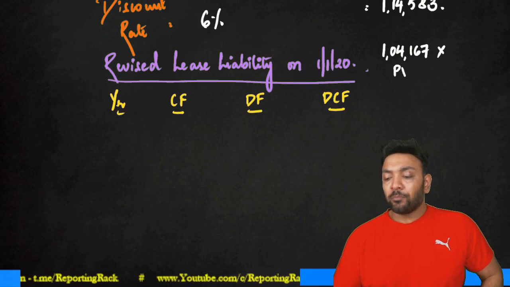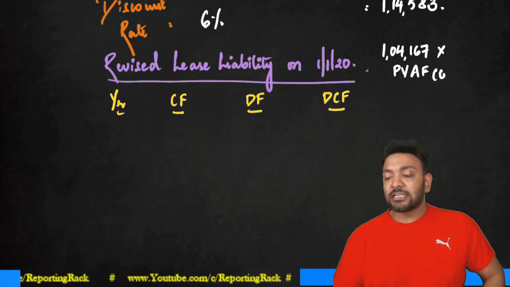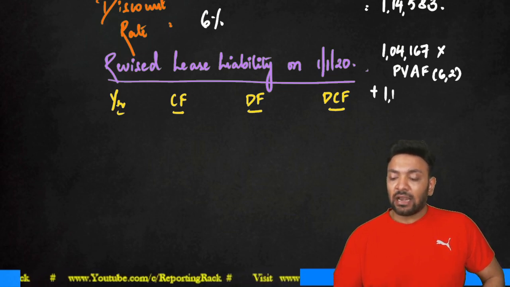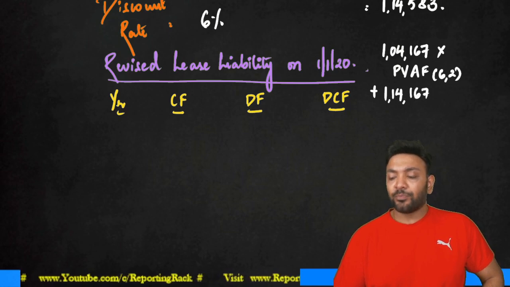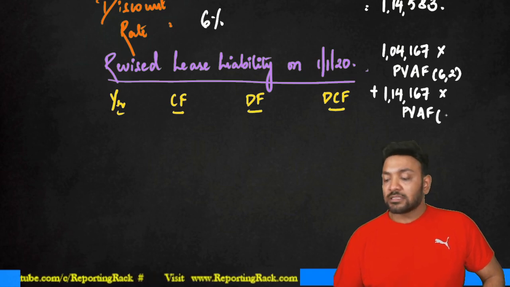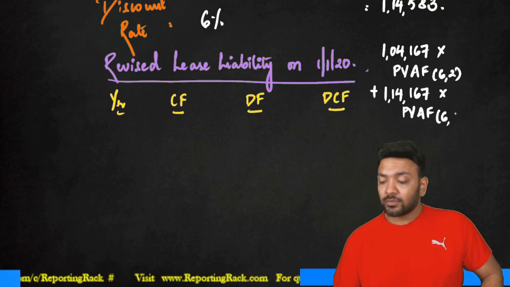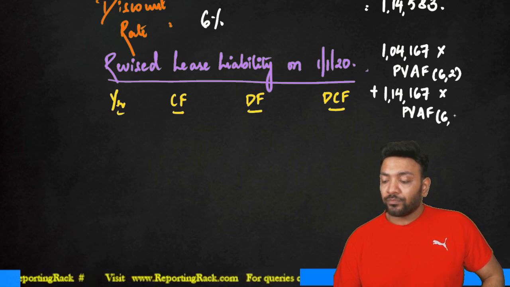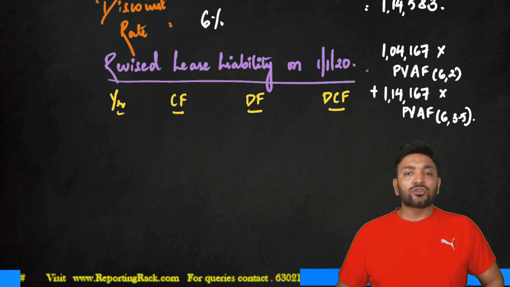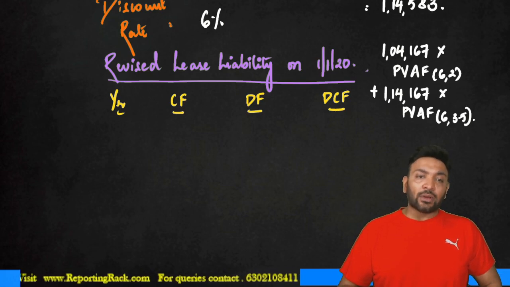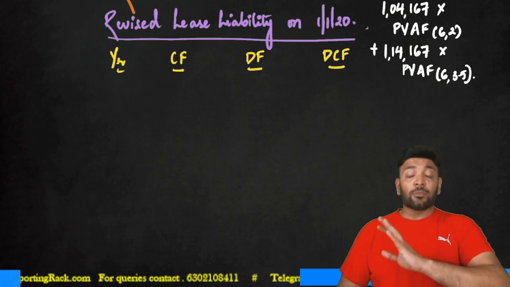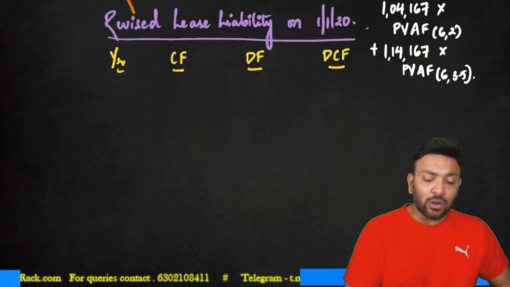Multiplied by PVAF 6% for 2 years plus 1,14,583 multiplied by PVAF 6% for 3 to 5 years. You can calculate like that also. I don't mind. Even if you want to calculate like that, you calculate. I'm just writing down each cash flow separately. But even if you want to apply this formula, you are 100% correct. There's no doubt about it.